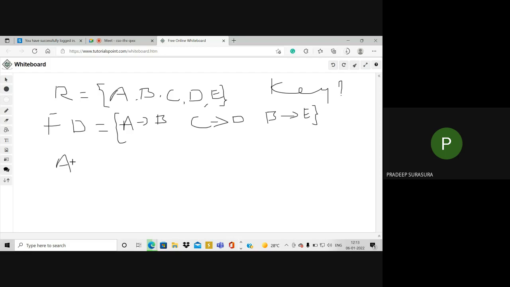So A determines B, B determines E, and C determines D. When you look at these FDs, we can come to know the key is AC. So when the key is AC, start working according to how you can plan to divide the data.